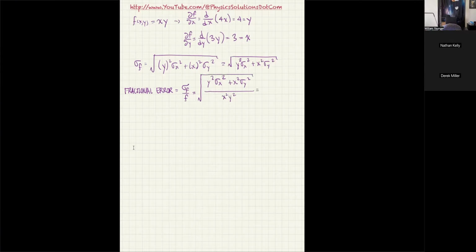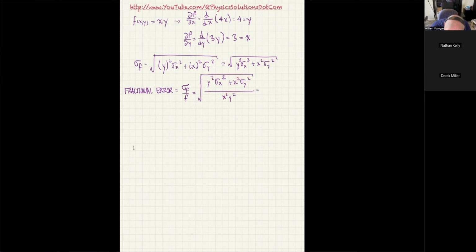Now, if you look at this as two separate fractions instead of one big fraction, what you'll see is that when I look at this fraction, this y squared is going to cancel out with that y squared and just leave an x squared in the bottom. And when I look at this fraction, this x squared is going to cancel out with this x squared, and that's just going to leave a y squared in the bottom.